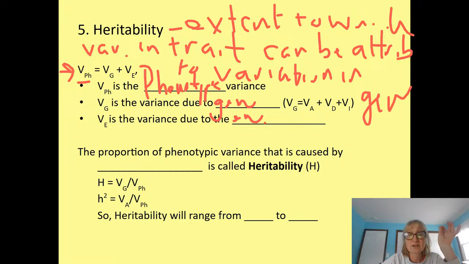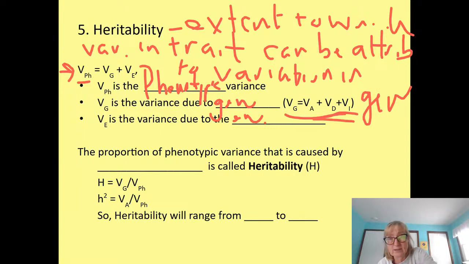The variance due to genetics can be further subdivided. We're not worried too much about these subdivisions, but think of things like variance due to additive genes, variance due to dominance and epistasis, and interactions between genes and environment. So that's what all these little terms stand for.